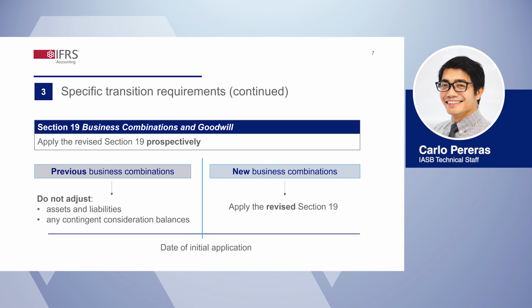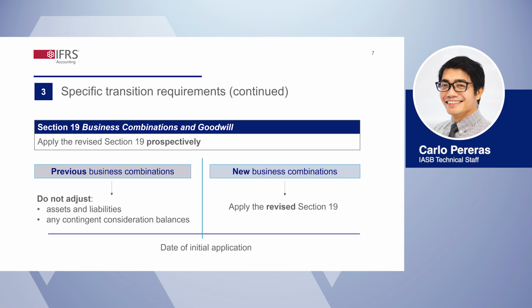Let's now have a look at the specific transition requirements for Section 19 on business combinations. Section 19 has been revised to align it with IFRS 3 business combinations. The changes include an amended definition of a business and amended requirements relating to contingent consideration.